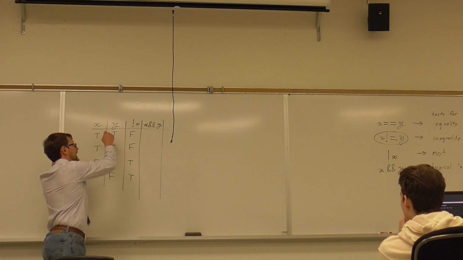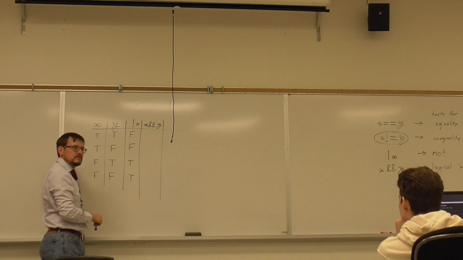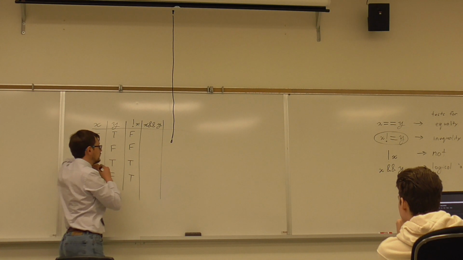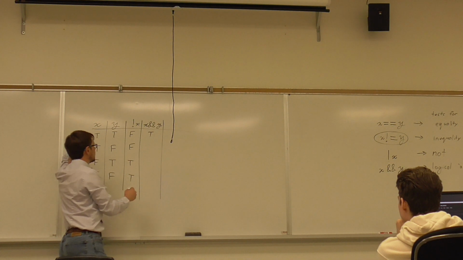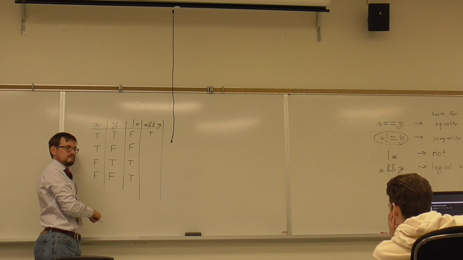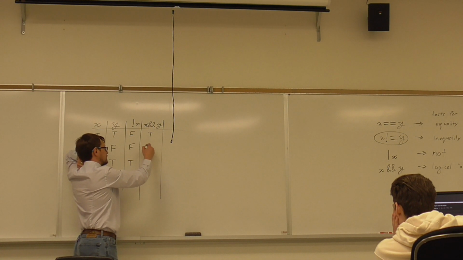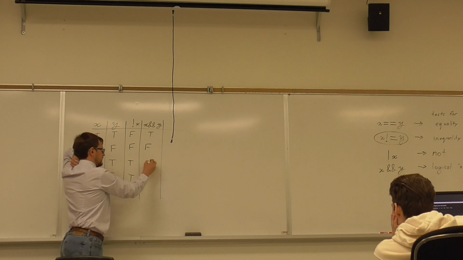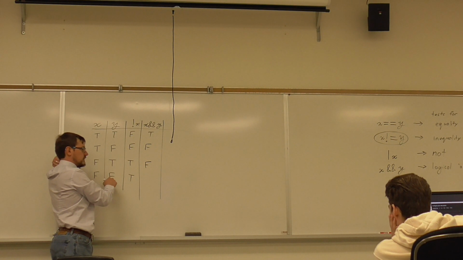What is true and true? True or false? True. Yes. True and true is true. What is true and false? True or false? False. That's right. False and true? False. And false and false?